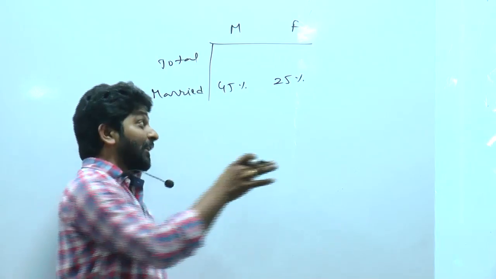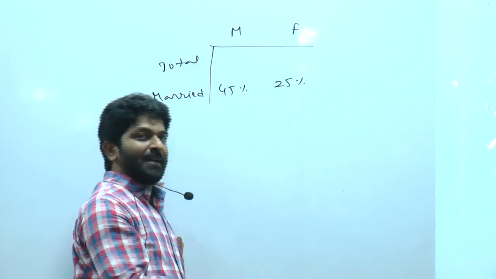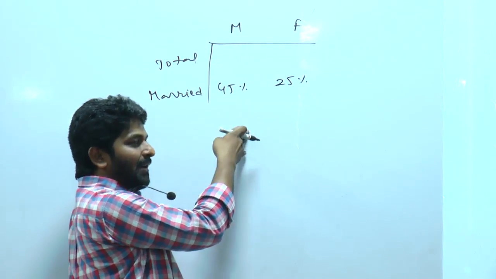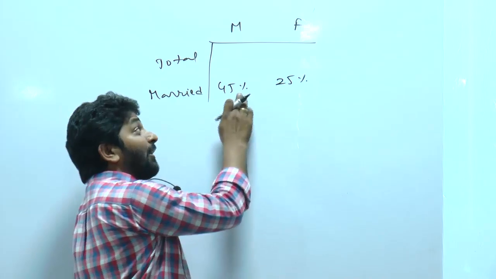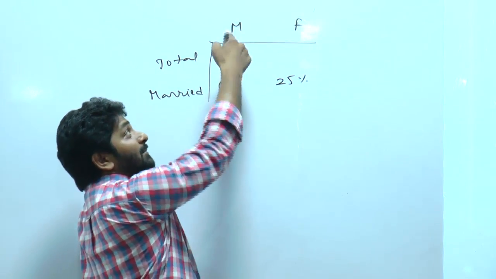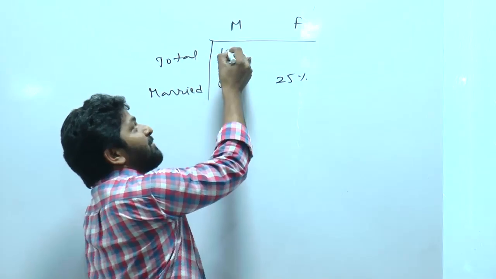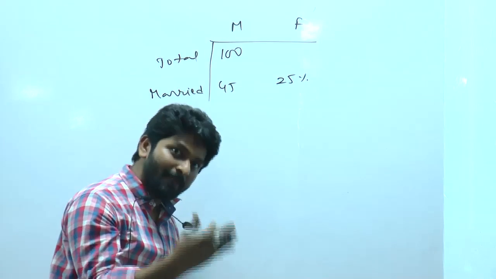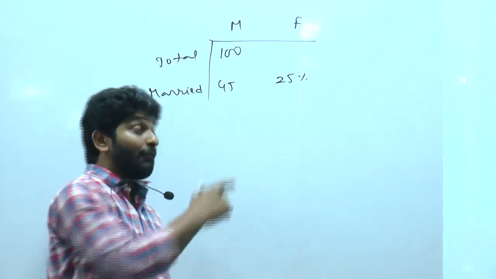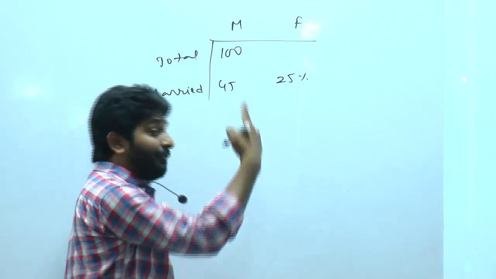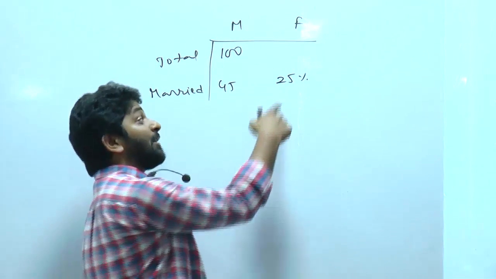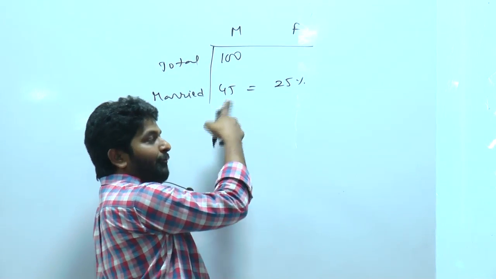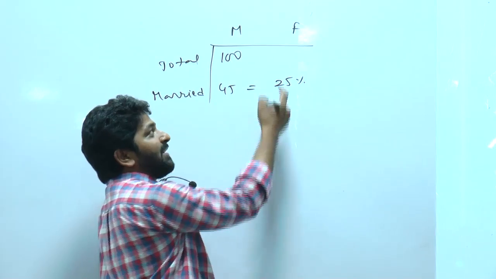So in terms of number, these two values should be the same. So let me start with 45 because I have 45% here. Let me treat this number as 45. If 45% is 45, 100%, male are 100%, right? So this becomes 100. So out of male, 45 are married. Out of female also 45 are married. But in terms of percentage that is equal to 25%. 25% is equal to 45. 50% is 90. 100% is 180.